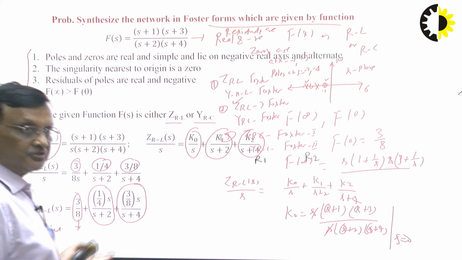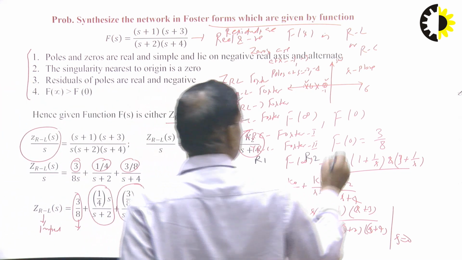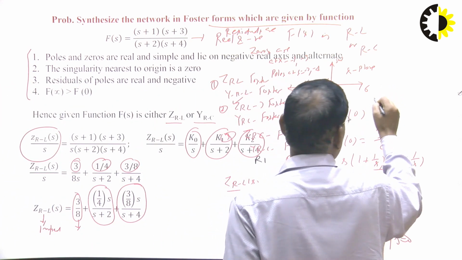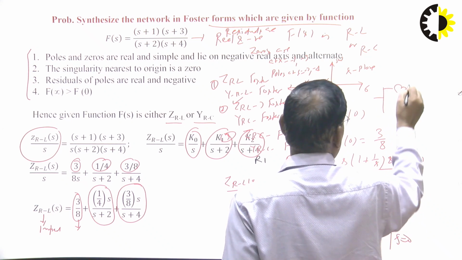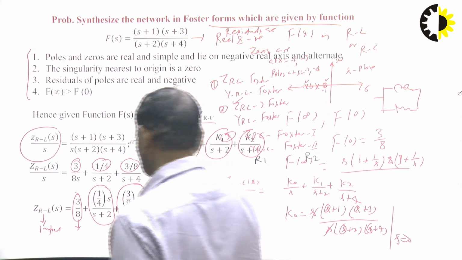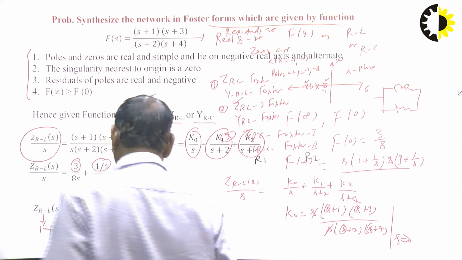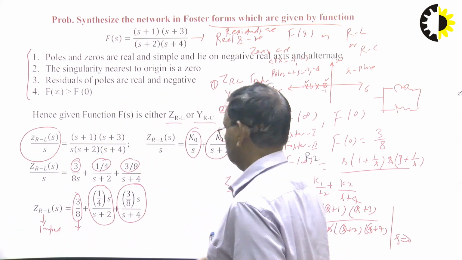Which type is it? This is resistive, and by comparing with this, as in the previous slides, we find the values of R1 and L1. So from here we can get the R0, the R1 L1 and R2 L2.